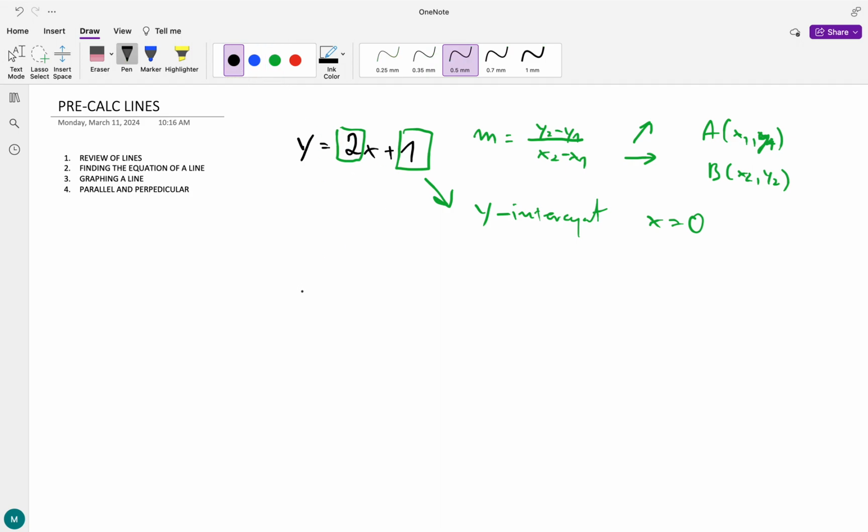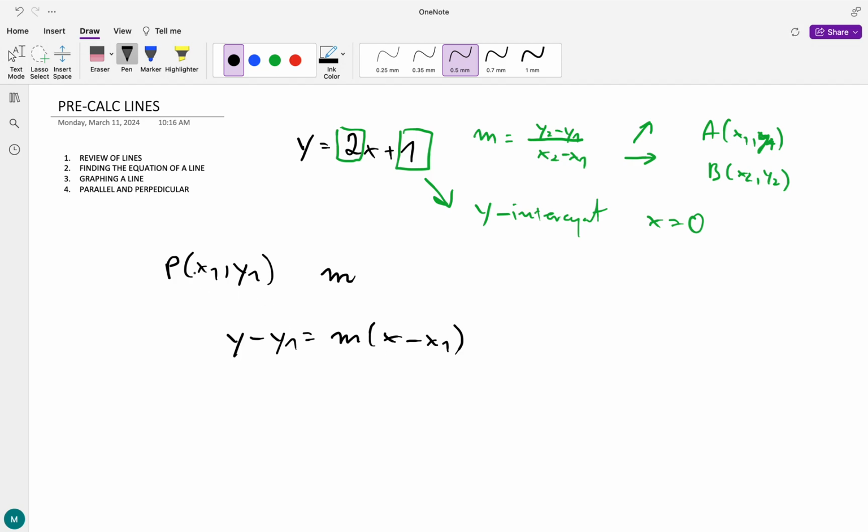Additionally, we have something called the point-slope formula. As the name indicates, we are going to use the point and the slope to write it out. And it goes like this. Given that we have a point P (x1, y1) and some slope m, we can use that information to write it out in the following way: y − y1 = m(x − x1).